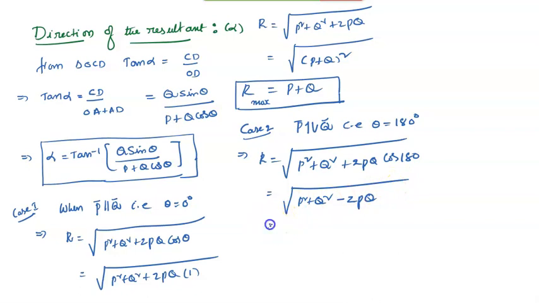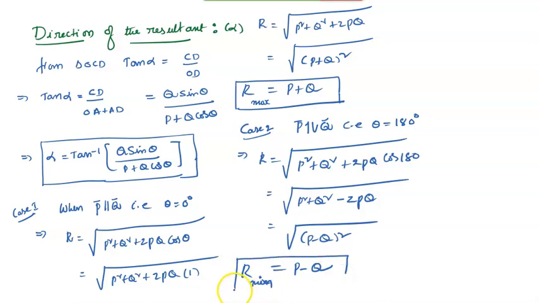This can be written as P minus Q whole square. The root and square get cancelled. Therefore, when the angle between them is 180, the magnitude of the resultant is minimum, that is equal to P minus Q. So it is maximum when the angle between them is 0, and minimum when 180.